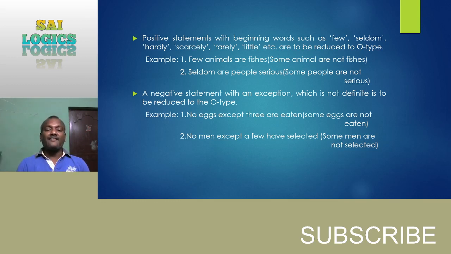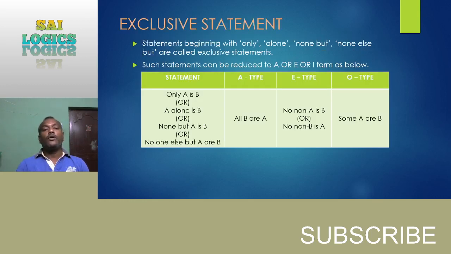No men except a few have selected. Here also no indicates a negative statement, and an exception has also been mentioned. So we can rewrite as some men are not selected. So this is how we can reduce the statements given beyond the standard types of statements.